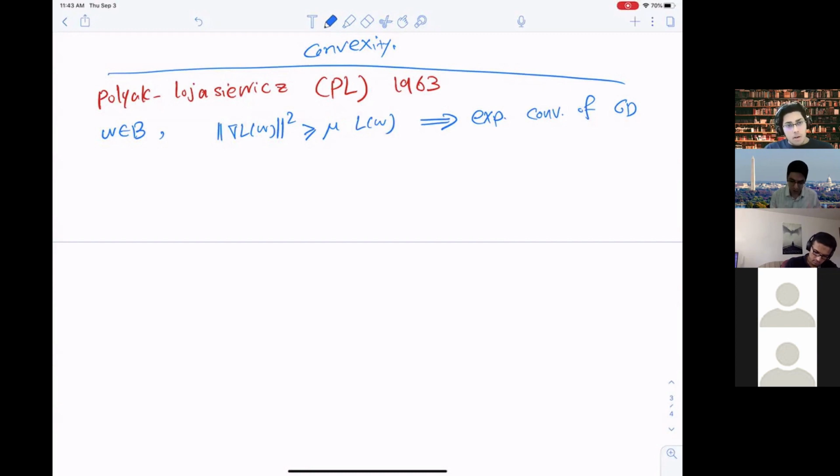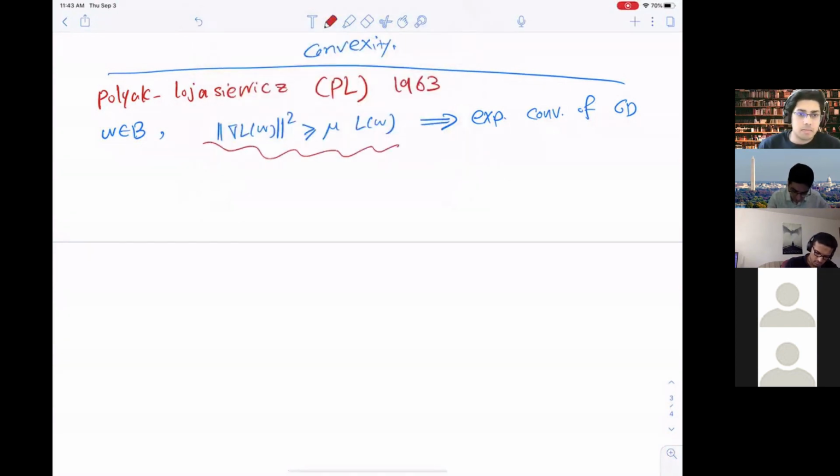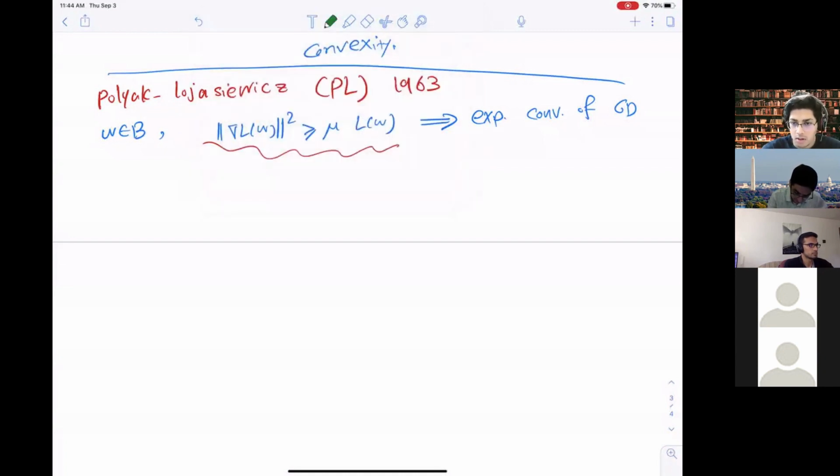So the only condition that we want here is basically this PL condition, or mu-PL condition, when the magnitude squared of the gradient is greater than or equal to mu times the loss in all points in that region that we are considering. Okay, the actual PL condition is in fact a little bit different, so I will add a note here.